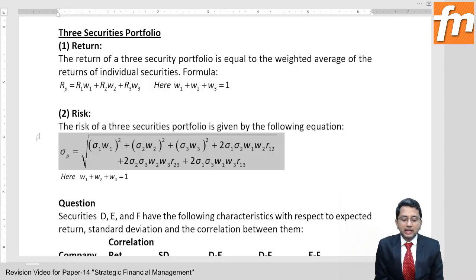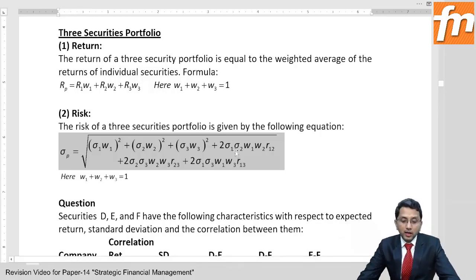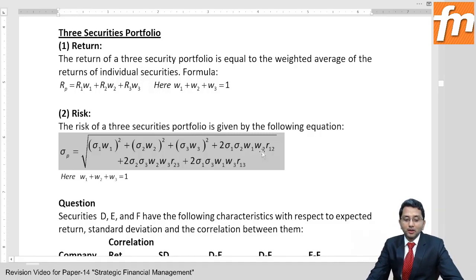Even if the formula is lengthy, there exists a pattern in the formula, so it will be easy to memorize. Sigma 1 W1 whole square plus sigma 2 W2 whole square plus sigma 3 W3 whole square, plus 2 sigma 1 sigma 2 W1 W2 R12.